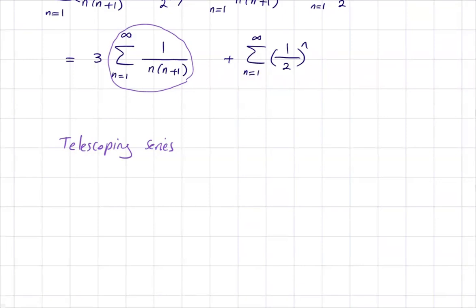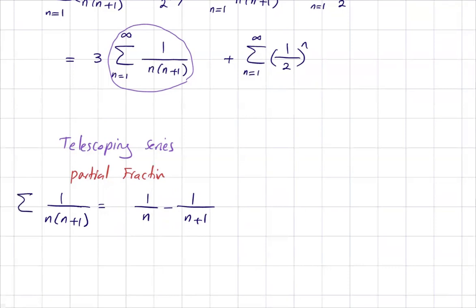So by the method of partial fractions, we can write 1 divided by n times n plus 1 as 1 over n minus 1 over n plus 1. Then if you take the sum of both sides, the summation of 1 divided by n times n plus 1, starts from 1 to infinity, must be equal to the summation of these two fractions.